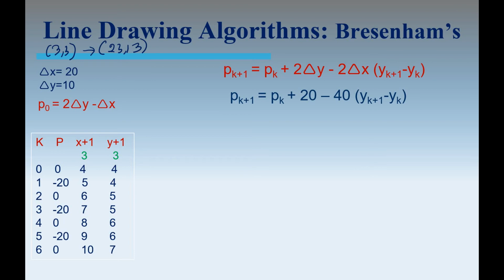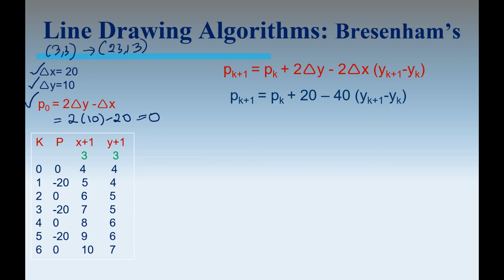So what we need, first, is to find Δx and Δy. We already found these values, and then we have to find p0. If we calculate this p0, we know that 2 into Δy, which is 10, minus Δx, 20, equals 0.